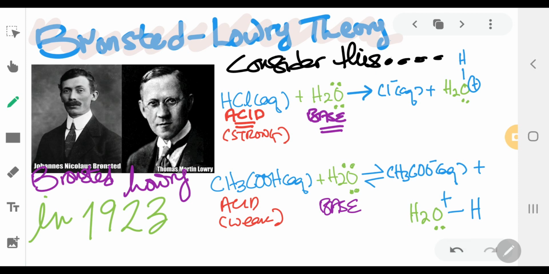Okay, so I'm just going to put plus charge like that. This proton donated to your lone pair, and you get your reaction like this.